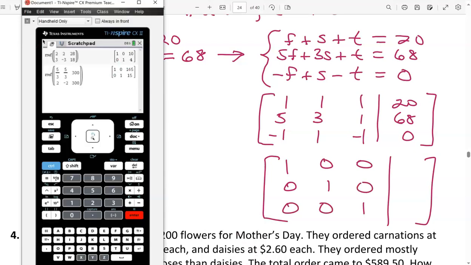Let's place that in the calculator and find out what we get. RREF, open parentheses, and then use the matrix menu to enter a 3 by 4 matrix. And let's enter our original matrix coefficients or elements.